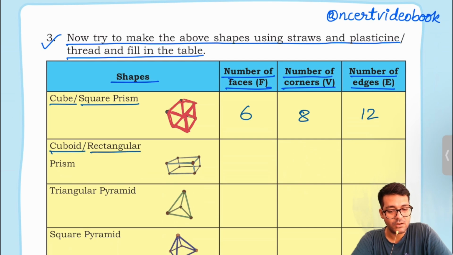Similarly, cuboid or rectangular prism. In a cuboid or rectangular prism, you will note that it also has 6 faces, 8 corners and 12 edges like that of a cube.